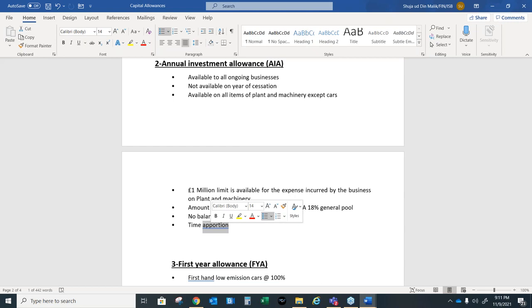But if it is less than 12 months, if you're computing it for example, in the case of corporation tax, where you had been given a period of account of 16 or 18 months, and you broke it down for the first 12 months and later 3 or 6 months, for that 3 or 6 months period, AIA will be time apportioned or prorated, but for 12 months it won't be time apportioned or prorated. I hope you are clear. And for related businesses, only one AIA is available.